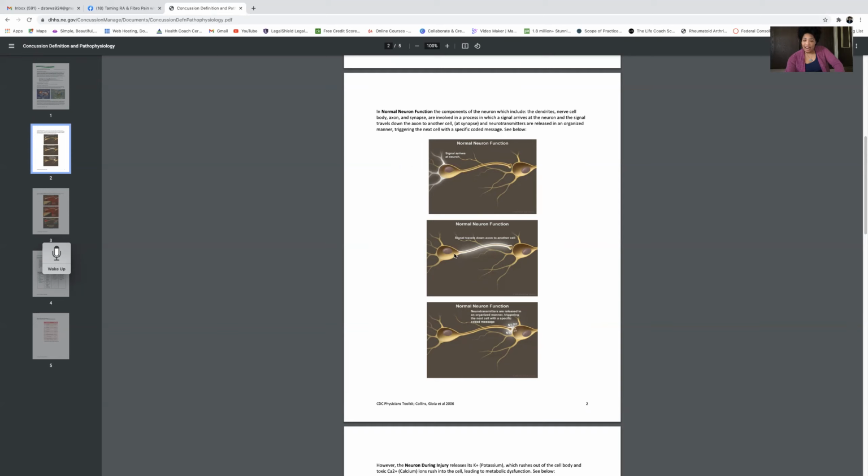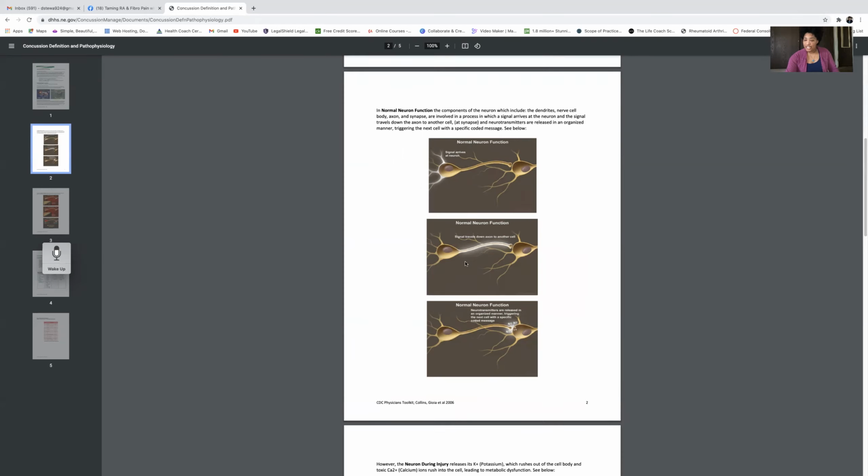And so when there's something going on with that electrical signal, which also relies on different, oh my gosh, I'm losing the word, different electrolytes. So your calcium, potassium, sodium, all of that stuff is important for these cells to work.